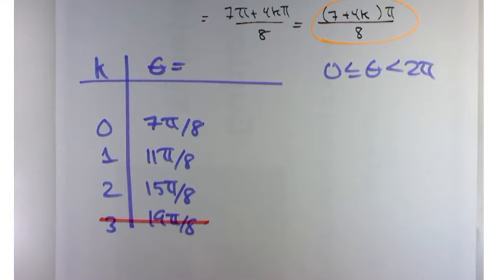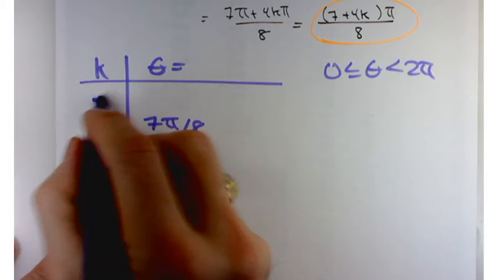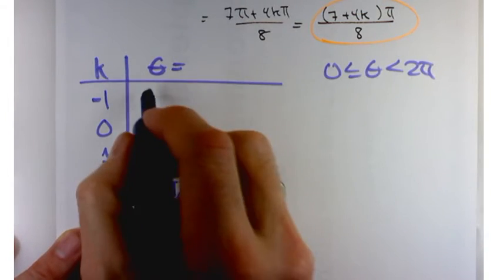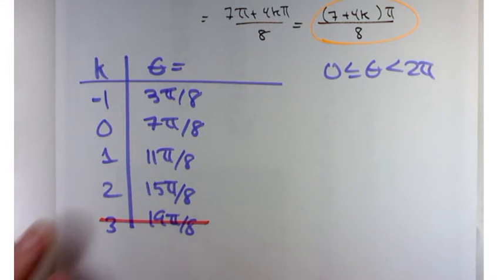Well done. So if we plug in -1, then let's see what we get. Well, that would be 3 pi over 8. So there's all 4 of our solutions. We got the general solution and the 4 particular solutions.